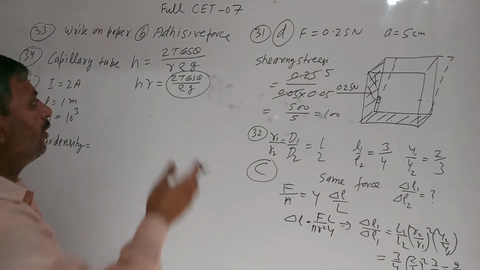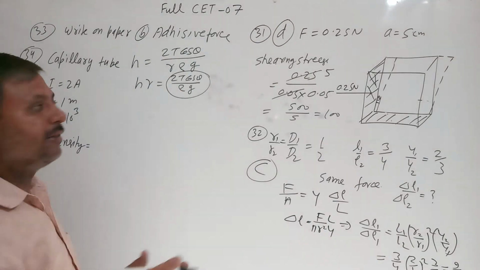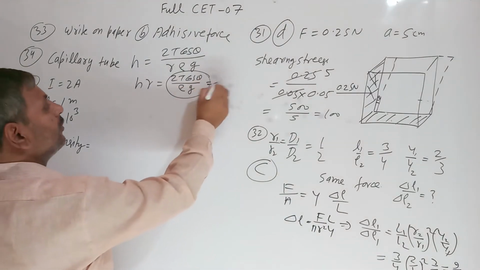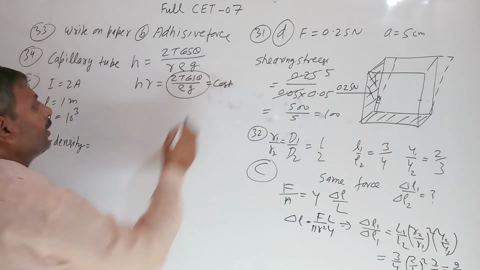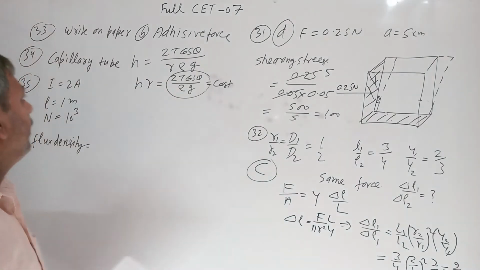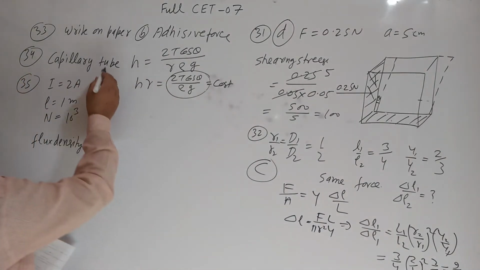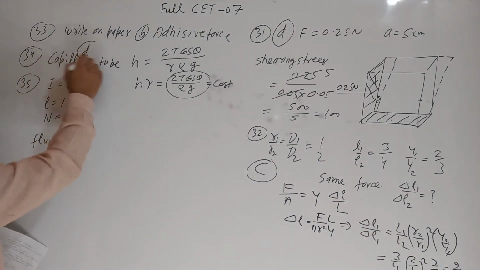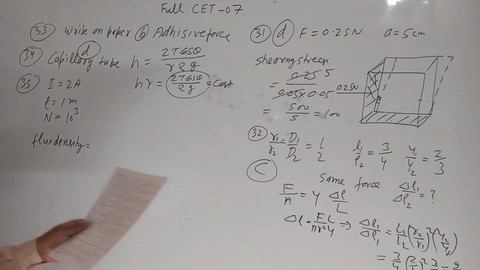If the liquid does not change, density does not change, surface tension is the same, so this will be constant. So here we see HR is constant, so for 34, D option will be the correct one.